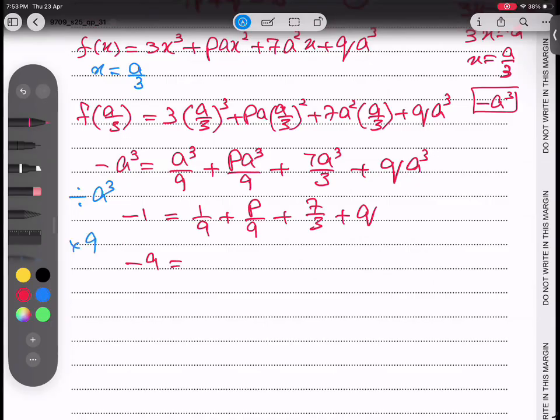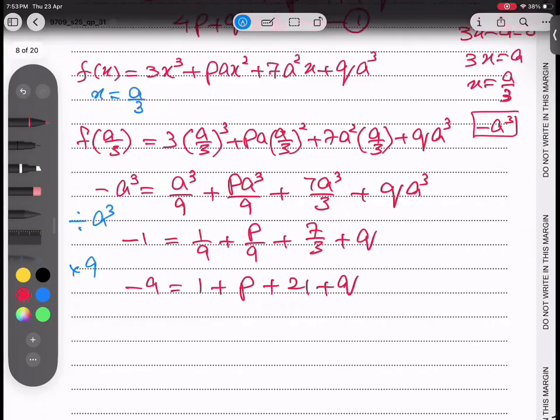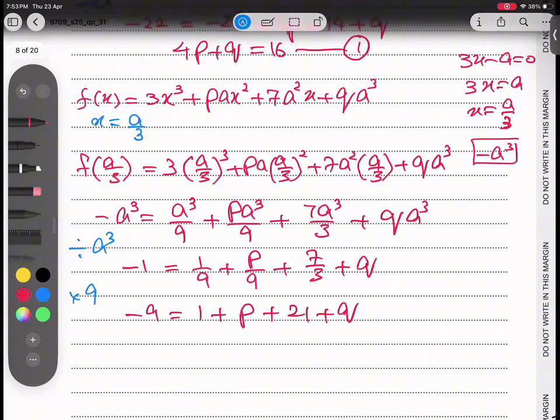Negative 9, 1, p, so 3 7s are 21 and q. And finally, I got the equation here: p plus q is equal to negative 9, already there negative 1 and negative 21. So I'm getting here negative 31.